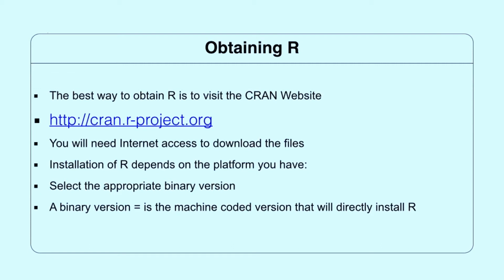So that's another operating system. For each operating system, the R developers have put together a binary version that you can download, then double-click, and install. So a binary version is a machine-coded version that will directly install R.